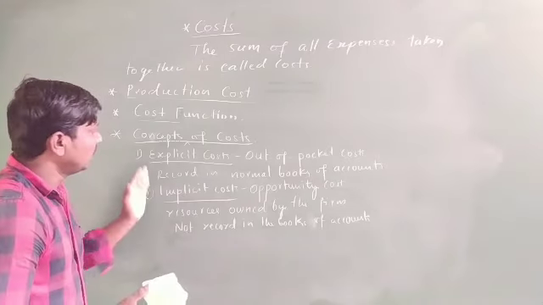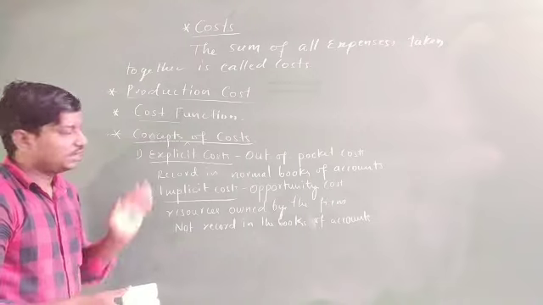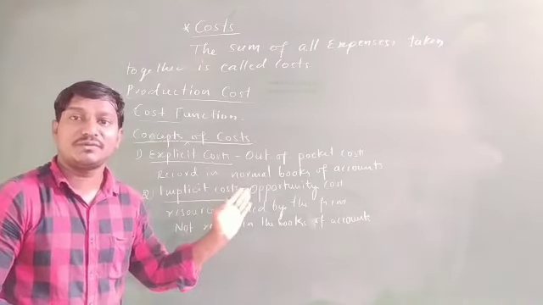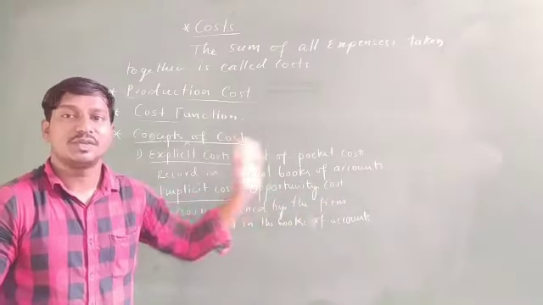Okay, so this is how explicit costs are different from implicit costs. Explicit costs are the expenses which are paid by the manufacturer for the production out of his pocket, that is from the business.